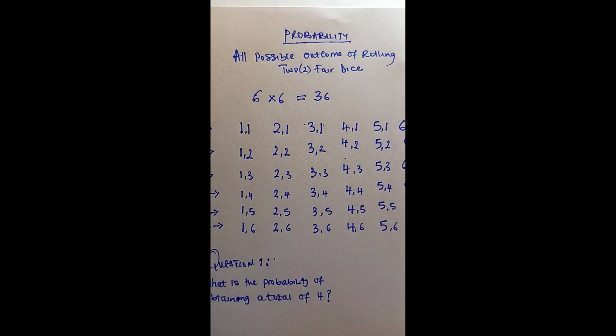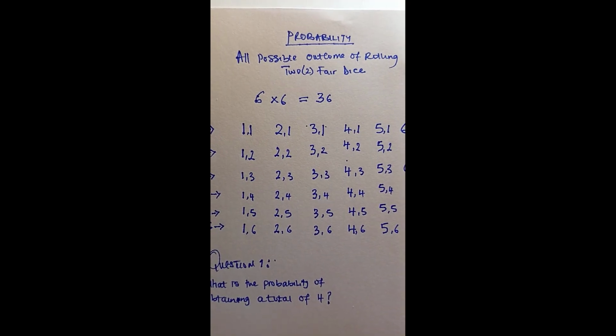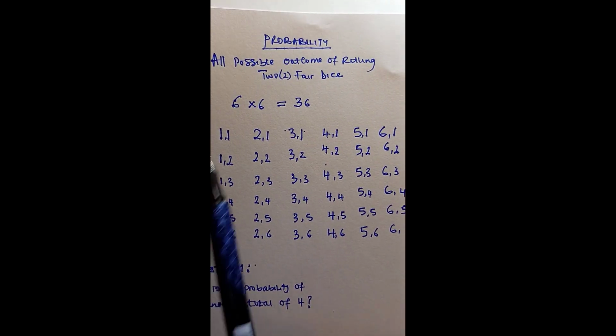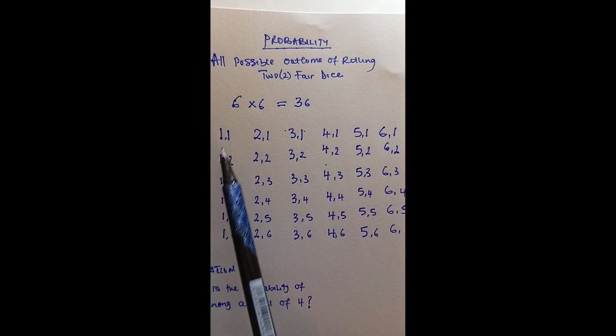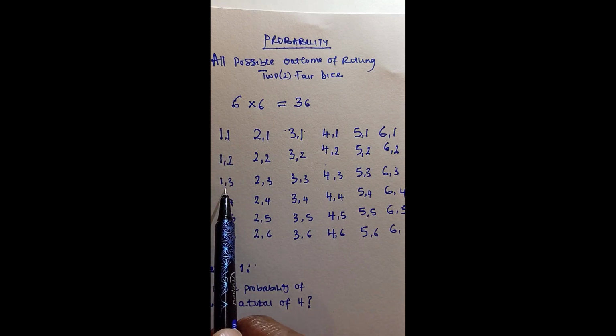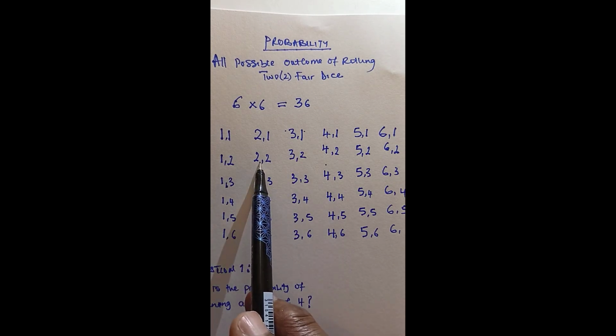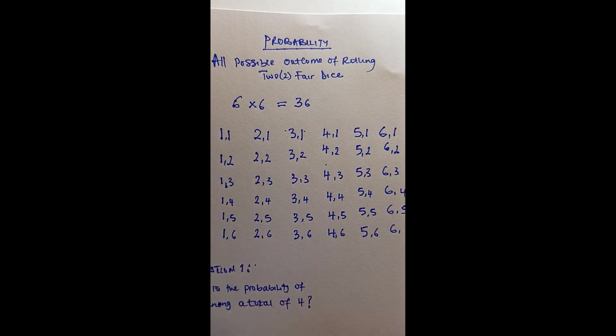So let's say the total of 4 from our sample space there. 1 and 1 is not 4. So the possible chances of obtaining 4 is this 1, this 2, this 3, and what? That's it.